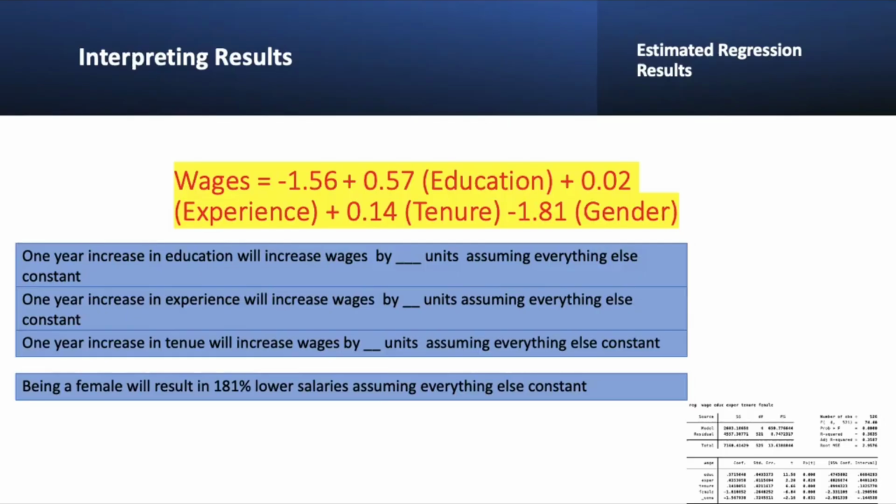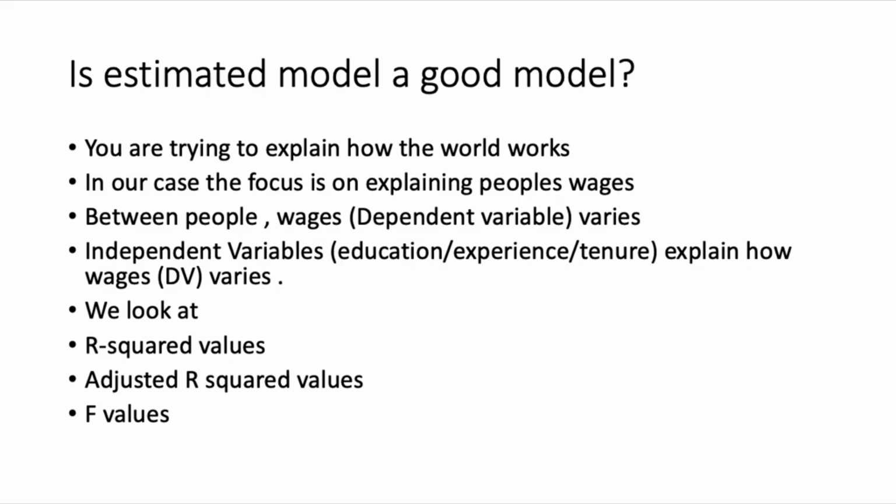Now that you've actually seen this, we want to think about whether what we've estimated was a good model or not. But first, we want to refocus on what we were trying to do. We were trying to explain how the world works, and our focus at the moment is on explaining how people's wages vary between people.